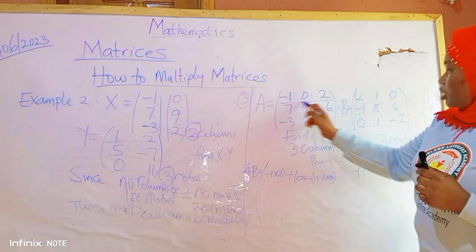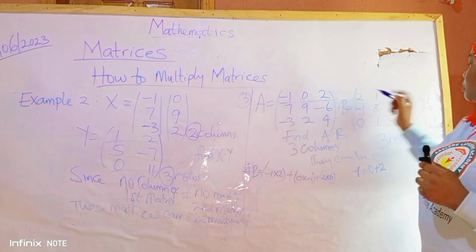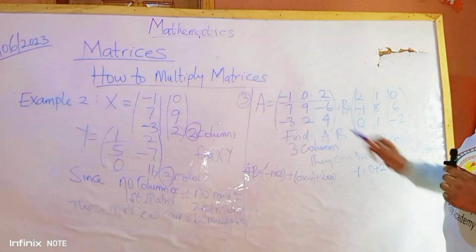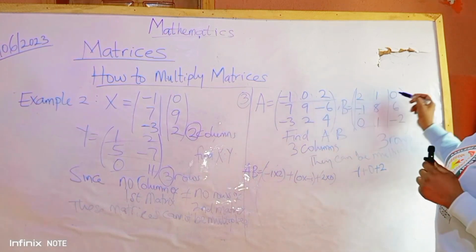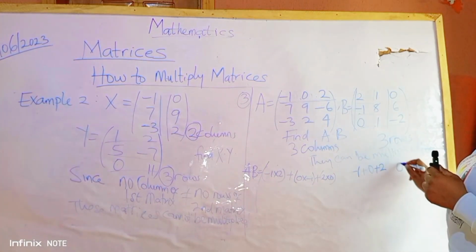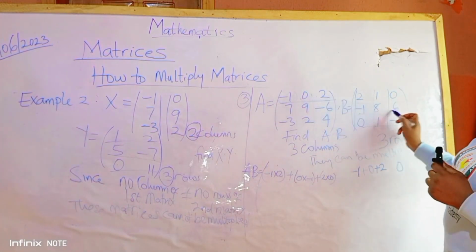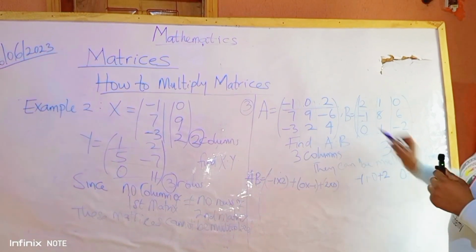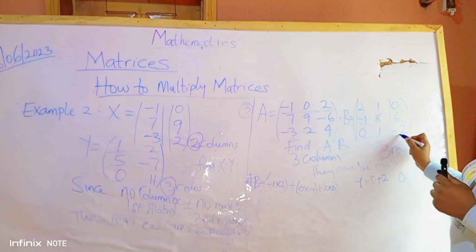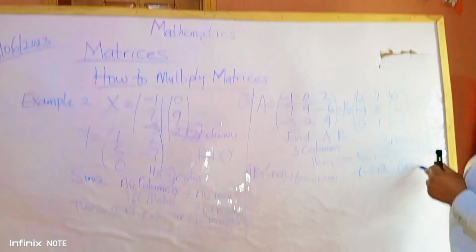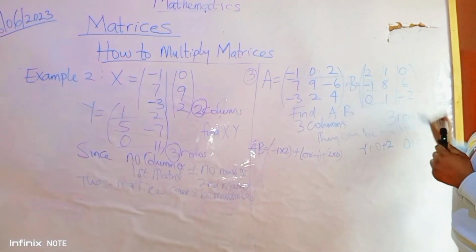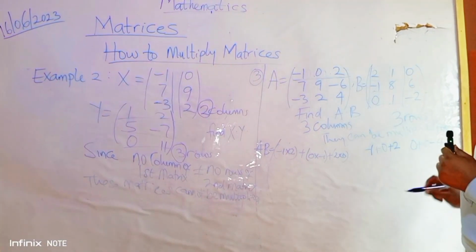So the first row again multiplied by the third column. So minus 1 multiplied by 0, 0. 0 multiplied by 6 plus 0. 2 multiplied by minus 2. So that is plus multiplied by minus, that is minus 4.